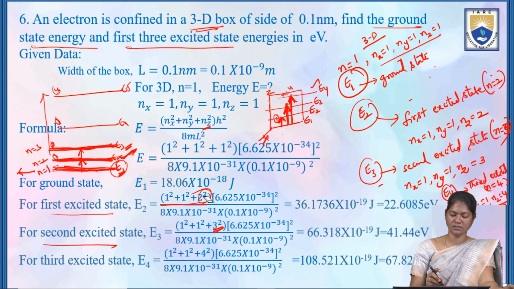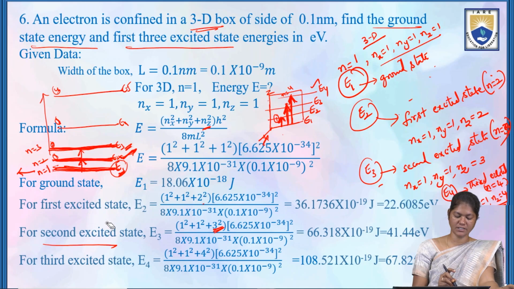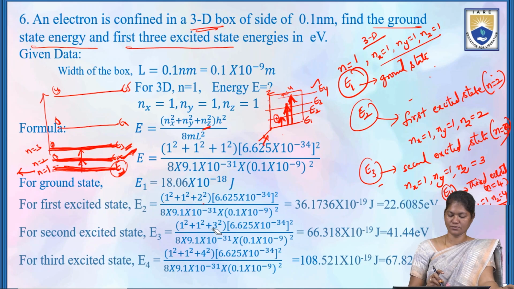So in the three-dimensional case, for the first excited state, E2 is equal to 1 square plus 1 square plus 2 square.